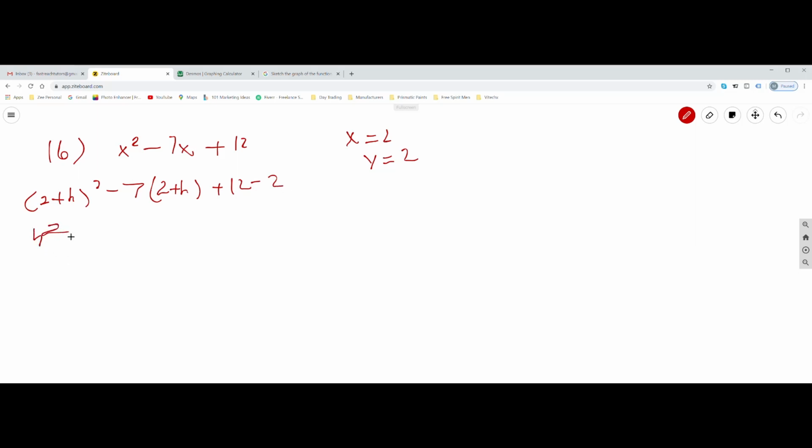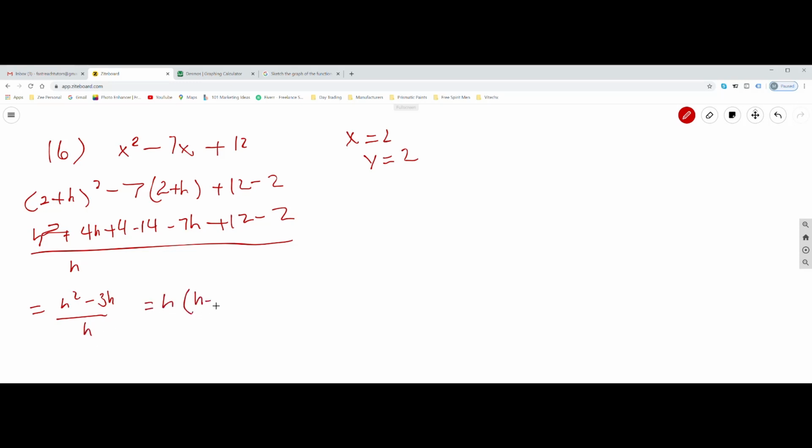You have h squared plus 4h plus 4 minus 14 minus 7h plus 12 minus 2 over h equals h squared minus 3h over h equals minus 3 over h equals negative 3.